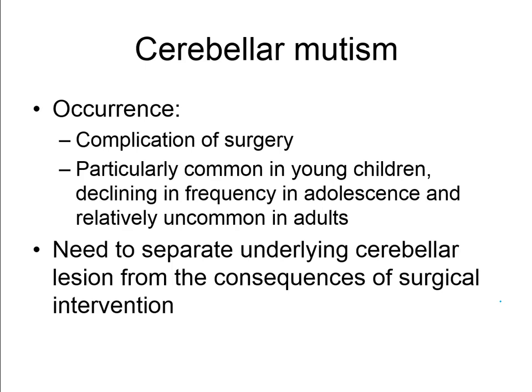Based on conversations at tumor board, probably about 10% or so of kids who have cerebellar tumor surgery have some degree of mutism afterwards. Sometimes it's a couple of days. Sometimes it can last longer, and it can sometimes cause long-term language disturbances.